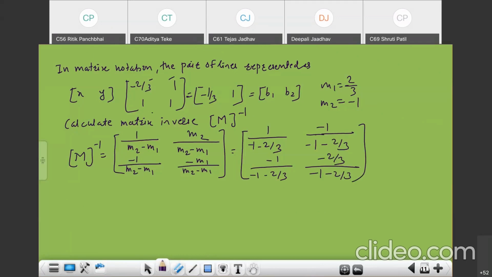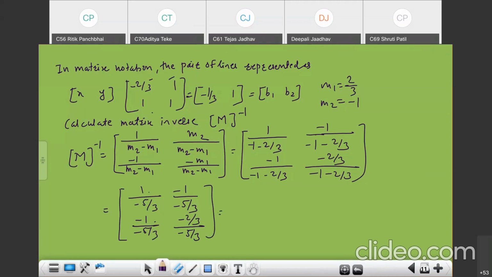Now try to simplify this equation. We will get the result 1 divided by minus 5 by 3. After simplification, minus 1 divided by minus 5 by 3, and minus 2 by 3 divided by minus 5 by 3.